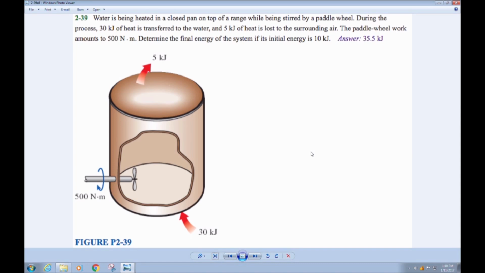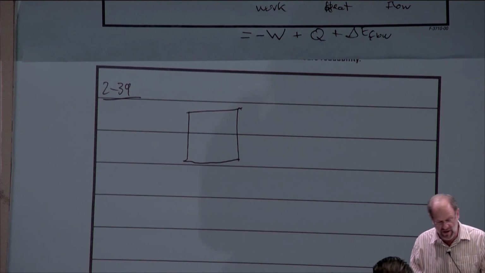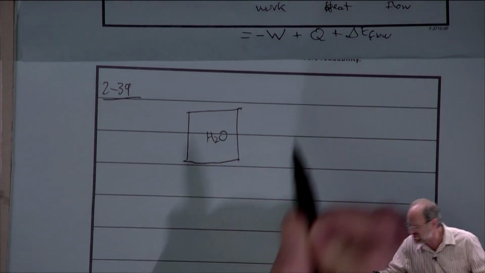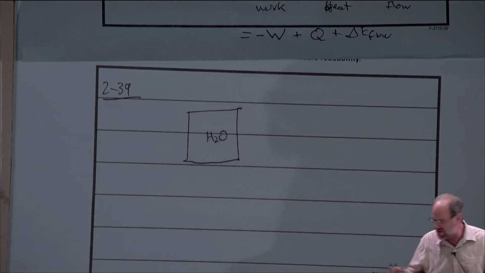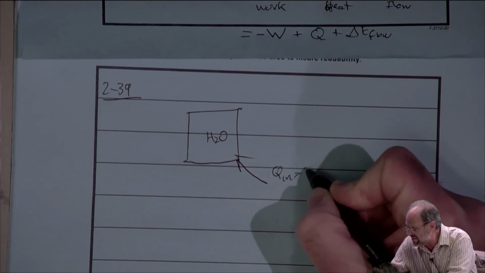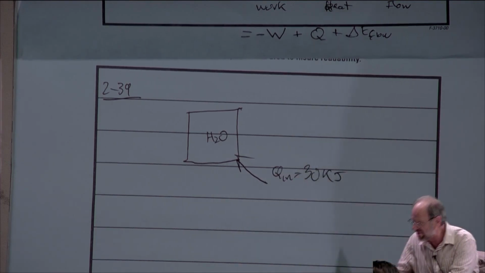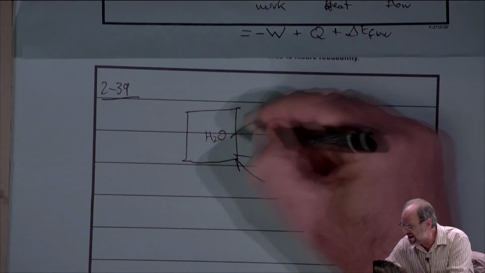So the first thing I like to do as we start a problem like this is just make my own drawing. You can certainly use the drawing that's there, but I'll just show it as a big square. So that's my pan of water. It does say water, so I'm going to put a little H2O in here. And then it says 30 kilojoules of heat is transferred to the water. So there's going to be some Q in of 30 kilojoules. It also says that 5 kilojoules is lost to the surroundings.